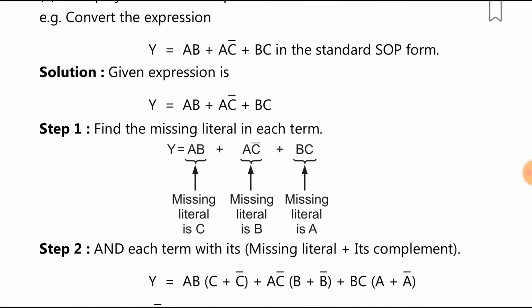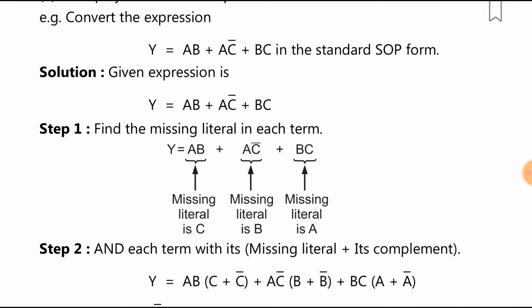Convert the expression Y = AB + AC bar + BC into the standard SOP form. Solution: the given expression is Y = AB + AC bar + BC. Step 1, find the missing literal in each term.